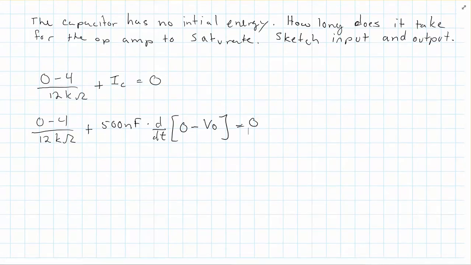Now I'm still going to solve this like I would kind of any other thing here. I'm going to go ahead and multiply through by 12 kilo ohms. So if we do that, of course, on the left-hand side, we just have initially negative 4, because the 12 just cancel. Now let me punch in my calculator real quickly what this would be.